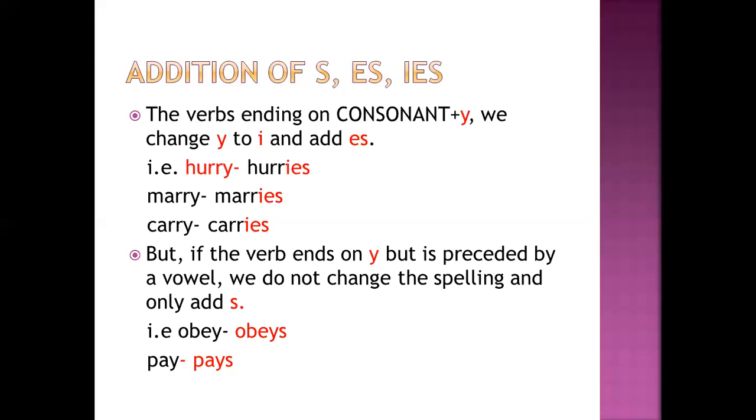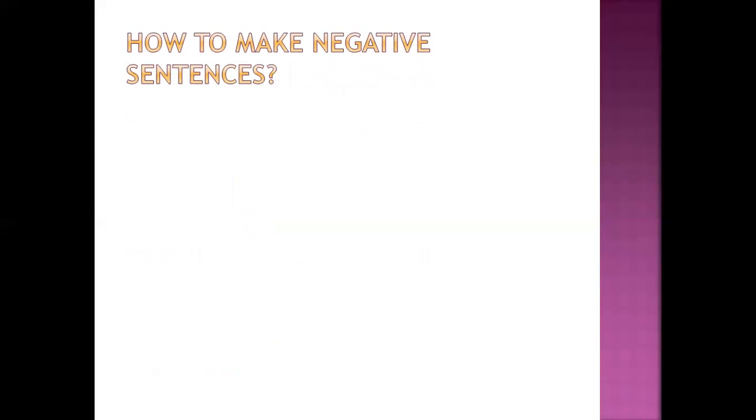Pay becomes pays. Now, if the idea is clear, can you come up with 2 or 3 examples of your own of verbs ending in y, preceded by a consonant, changing into ies, and y preceded by a vowel, not changing at all? You can pause the video, write your own words, and then move ahead.